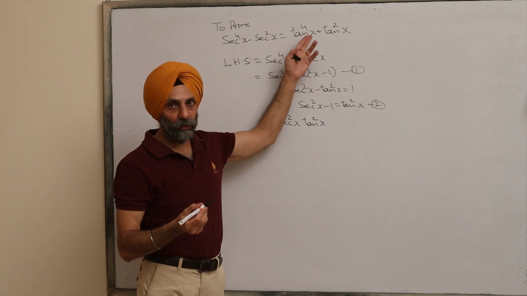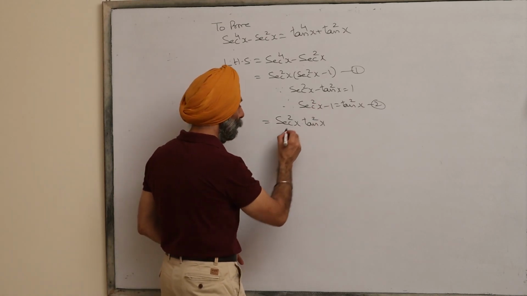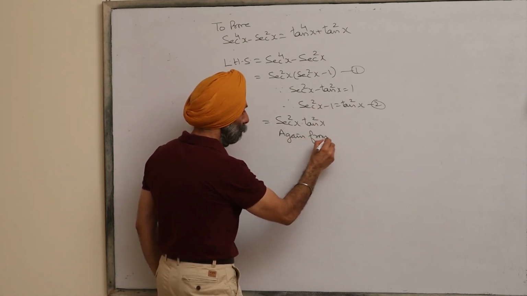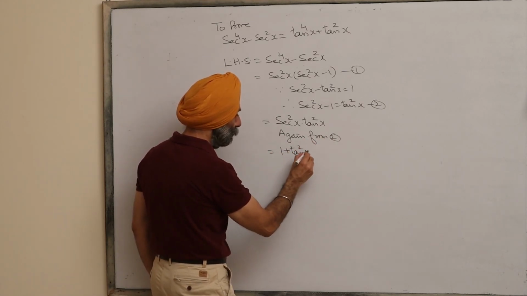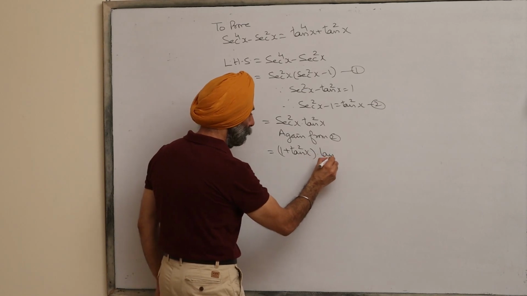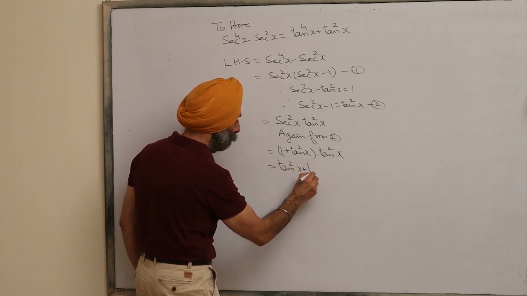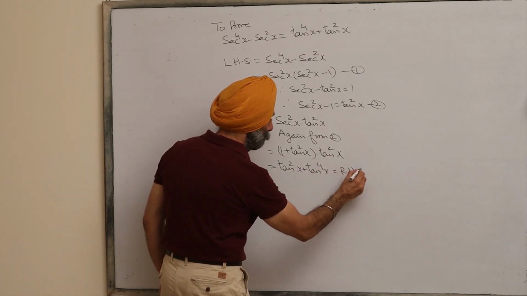Now, since on the right hand side both the terms are in terms of tan, again from 2, secant square x is 1 plus tan square x, into tan square x. Which comes out to be tan square x plus tan 4x, which is your right hand side here.